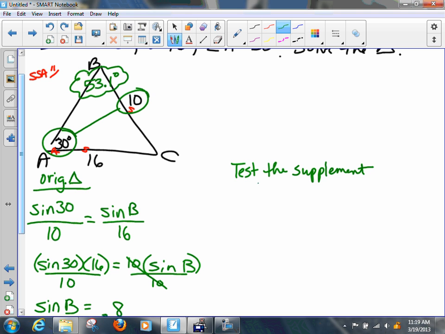I'm going to take 180, and I'm going to subtract the angle I just found, minus 53.1, and we're going to have a new angle B, which is what value? What's 180 minus 53.1? 126.9. Okay. We have a new angle B. Let's see if it's going to work. Draw you another triangle.